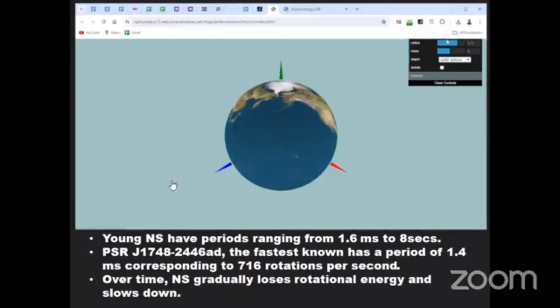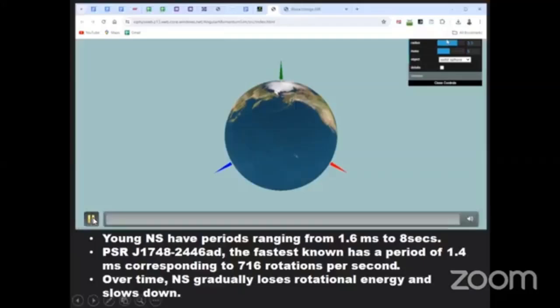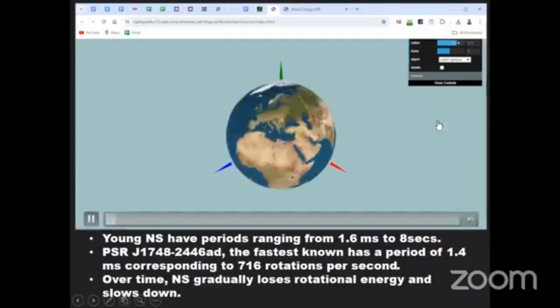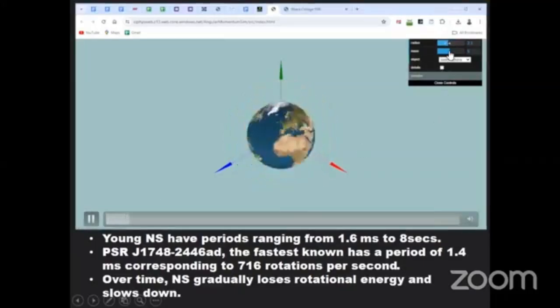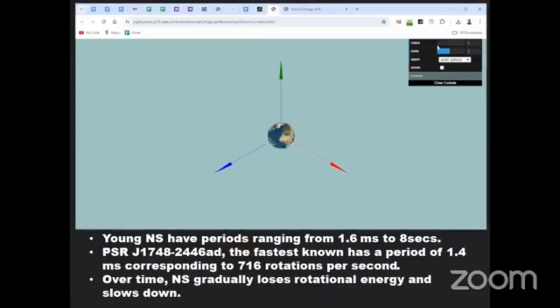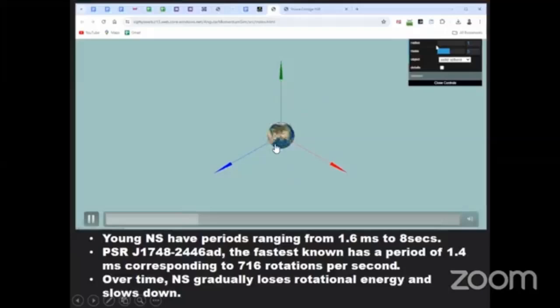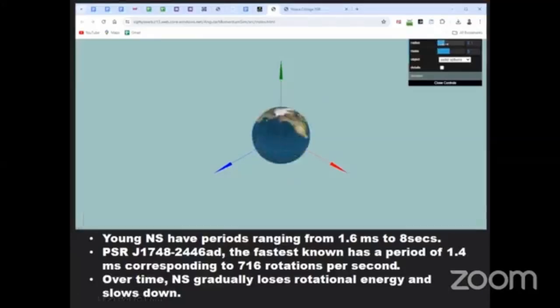If I play the video, I'm going to reduce the radius now and watch how the angular velocity is going to increase. It's going to spin faster. You see that? Now I'm going to increase the radius, I mean, the size of the sphere. It is going to slow down.